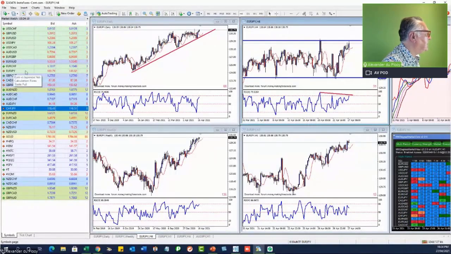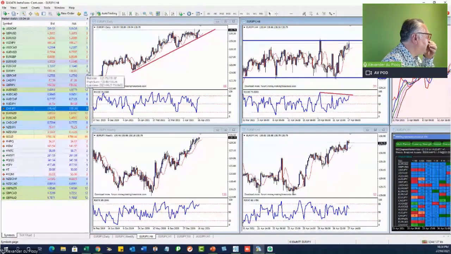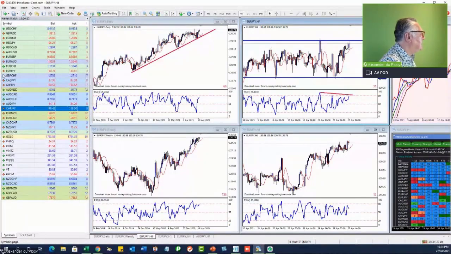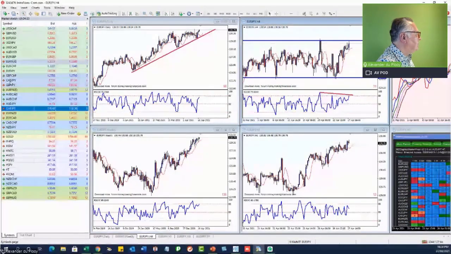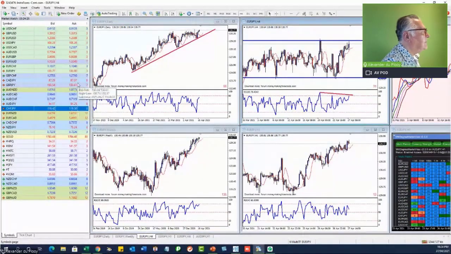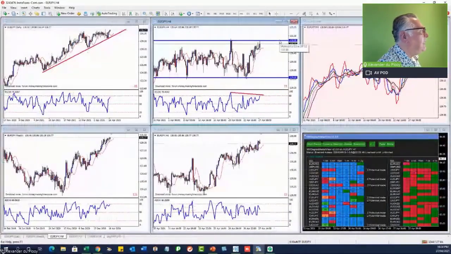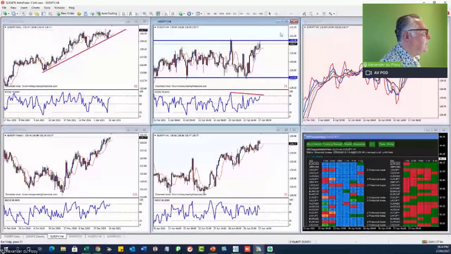A euro yen pip 3, a franc yen. Let's have a look where that is. Franc yen 8. Okay, so decisions made because we're buying more volatility for our spread. Definitely the euro yen is going to be the top one.